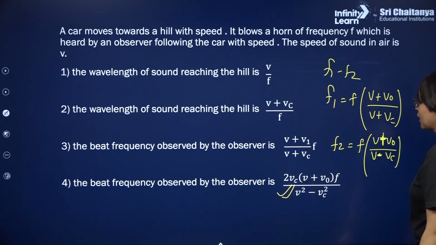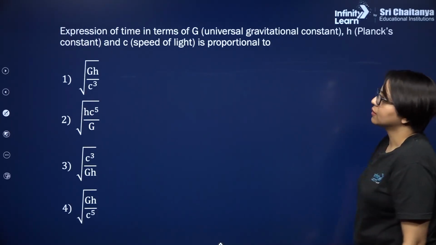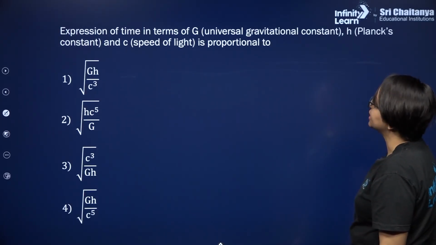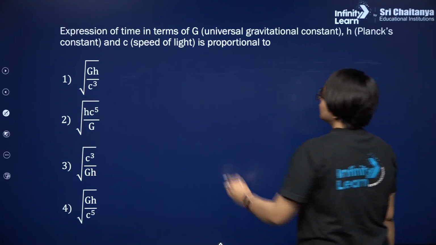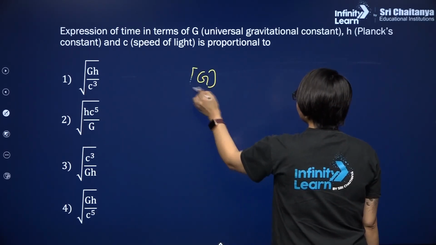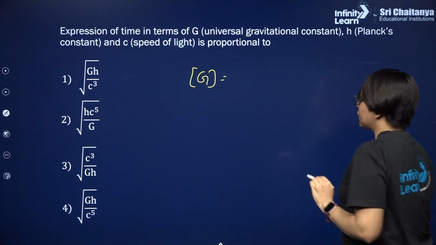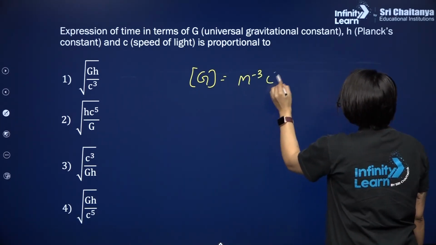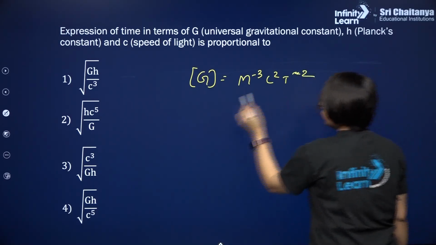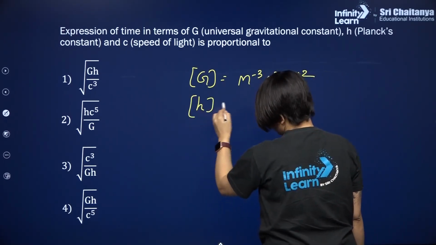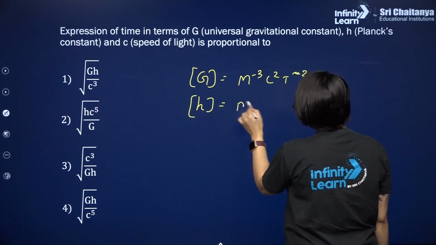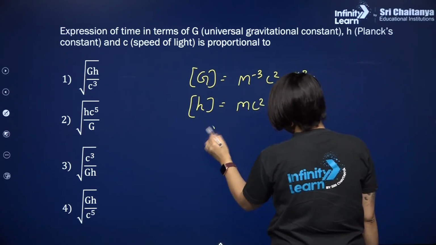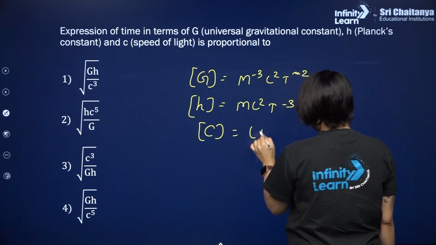So next is this one, expression of time in terms of g, h and c is proportional to. So if you find the dimensional formula of g, it will be m minus 3 l square t minus 2. Dimensional formula of h will be m l square t minus 3 and c is lt minus 1.